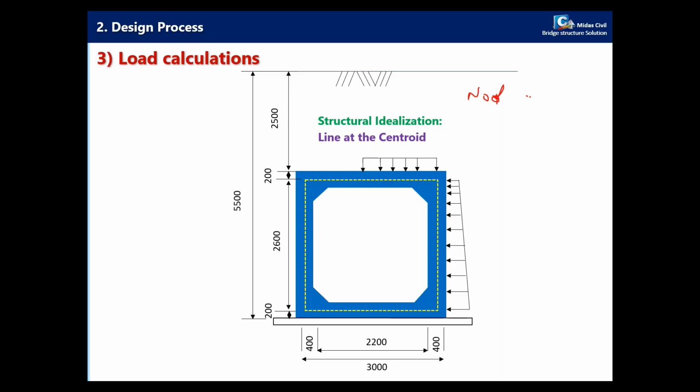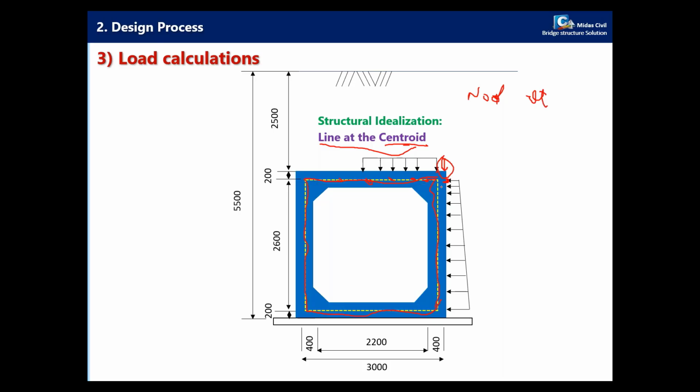You can ask me, what about the load that can be applied here on the structure in this corner? Don't worry about that, because it doesn't influence the structure too much when you use the line at the centroid. So you don't need to worry about the load that can be applied in this area.